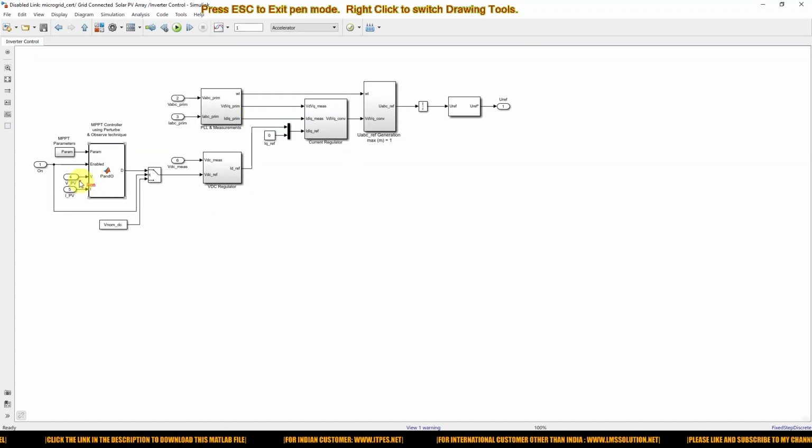And then here we process the PV voltage and current via the P&O MPPT algorithm. It will provide the reference voltage, which we compare with the DC link capacitor voltage.